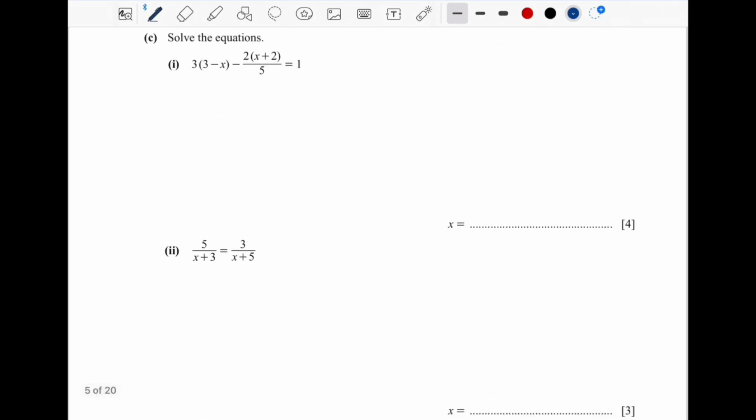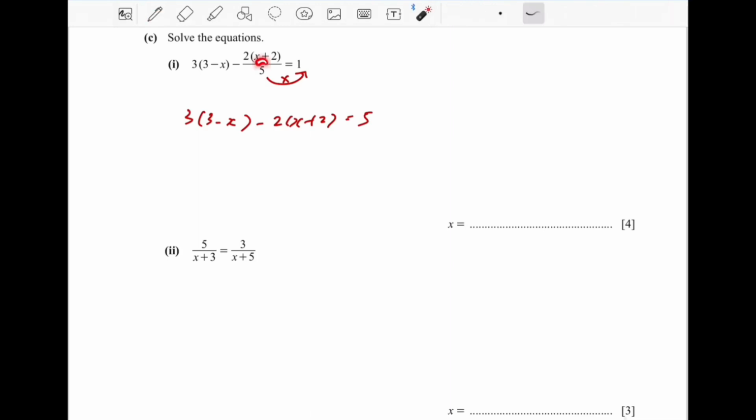Okay, solve the equation. Common mistake is students like to bring the 5 over, and they write something like this. And it's not correct. Why is it not correct?